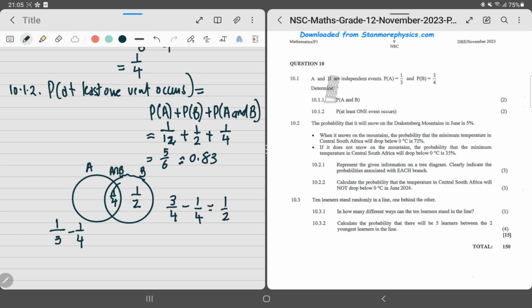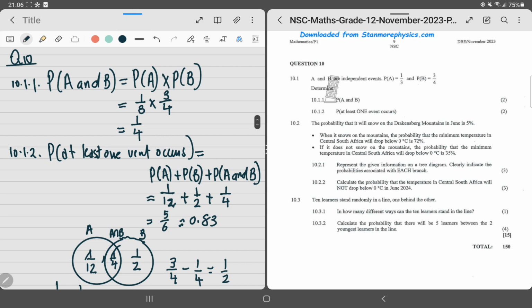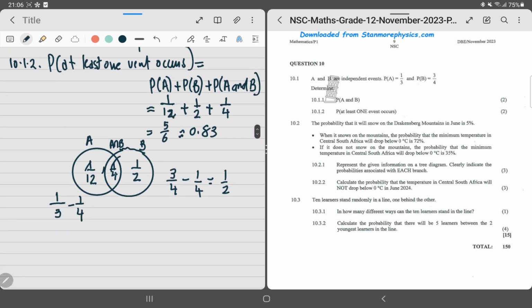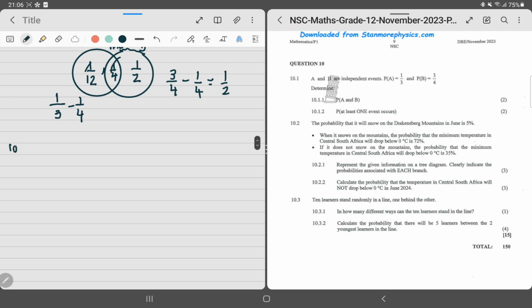So that is 1/2, and that is 1/12. If you add 1/12 with 1/4, you will see that you get the probability of the whole of A, which is 1/3. And then when you add 1/4 and 1/2, you will get 3/4. So that's where those values are coming from.